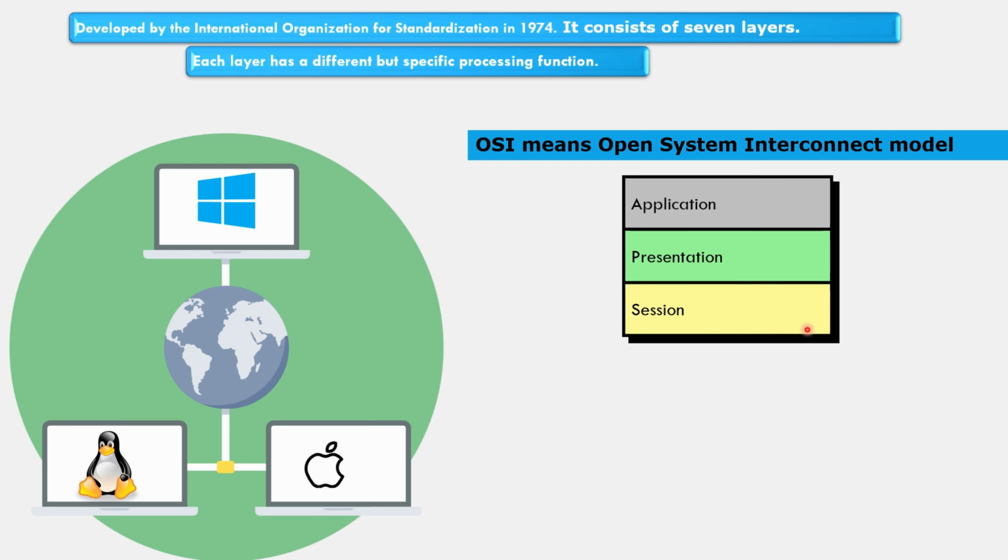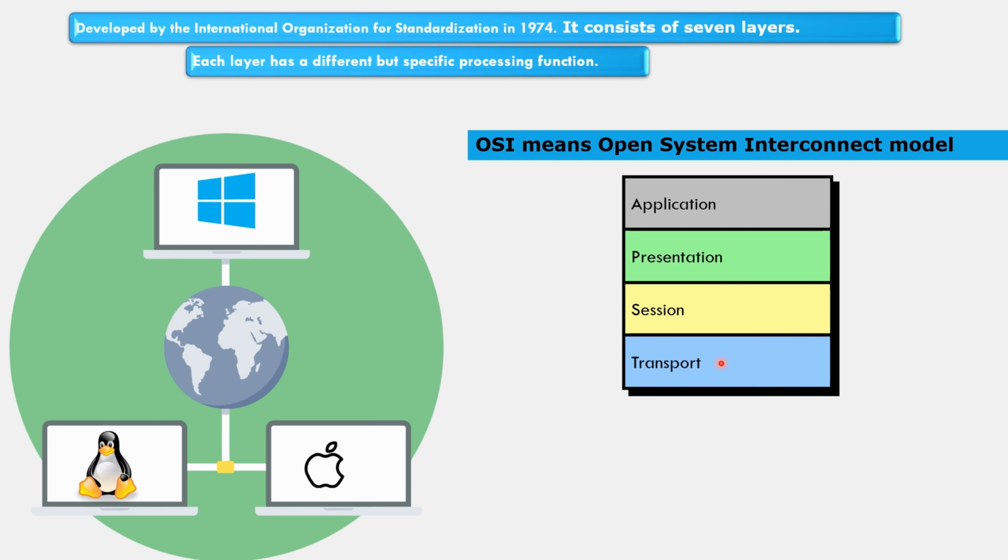Session layer: if you are opening Google Chrome, you can open another tab for Facebook login, and you can open another tab for Instagram login. At that time each tab has a session, as it needs to communicate with the server. So those sessions are taken care of by the session layer.